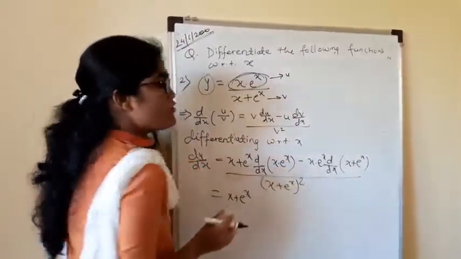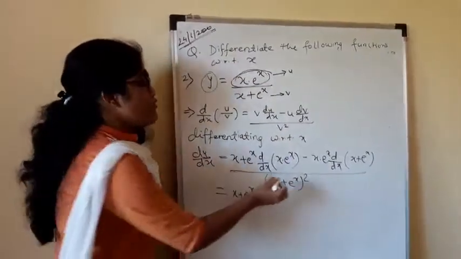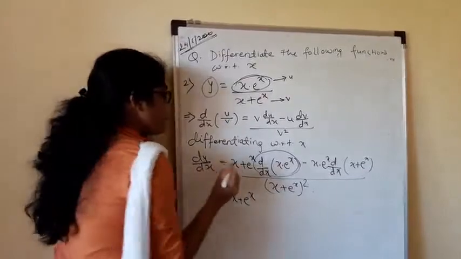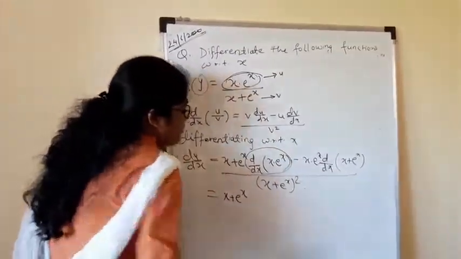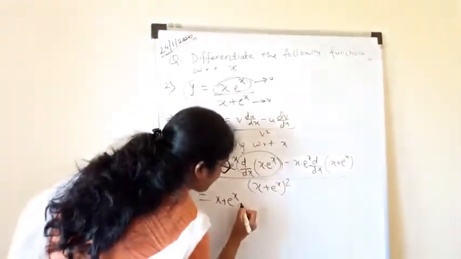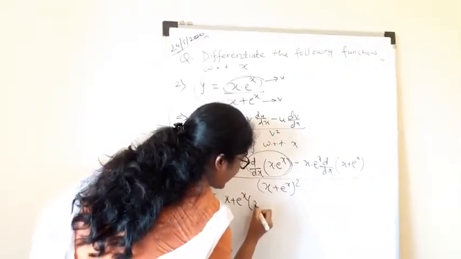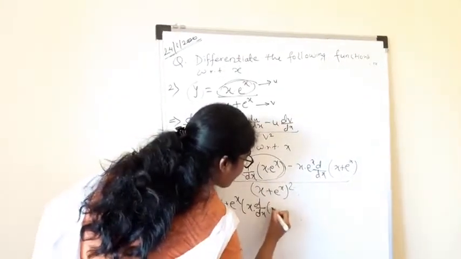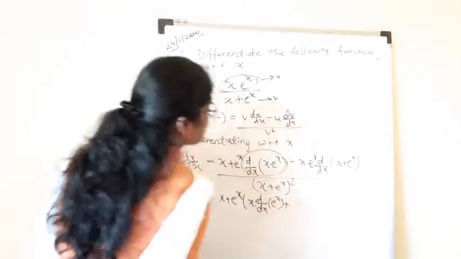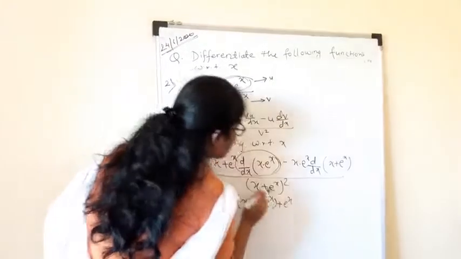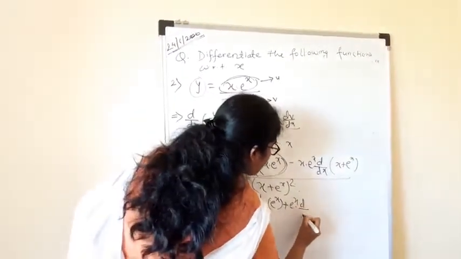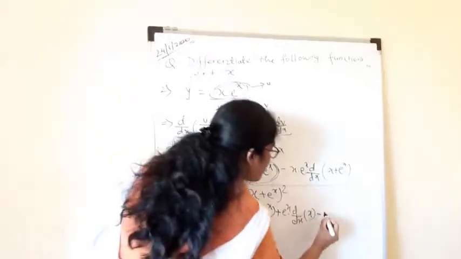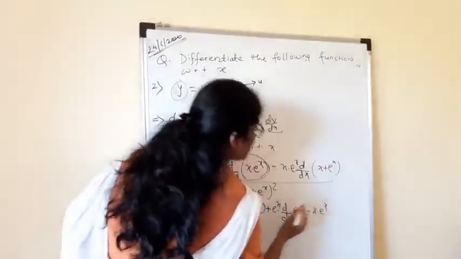Now the derivative of x into e raised to x, we will find by the product rule, the u into v rule. So this x as it is, derivative of e raised to x, plus e raised to x as it is, derivative of x, minus x into e raised to x as it is.